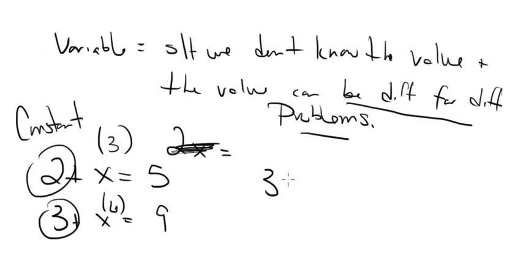If I say 3 plus what equals 5, I know my variable here is going to be 2, because the 3 makes this 2 equal to 5. If I put down 4 plus x equals 5, I know my answer is going to be 1.